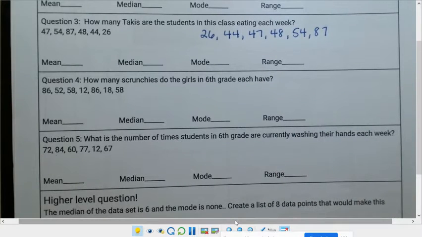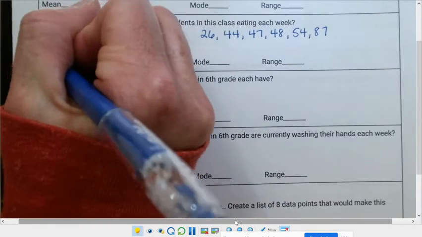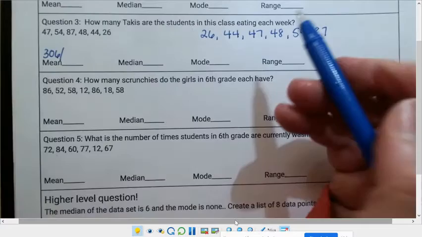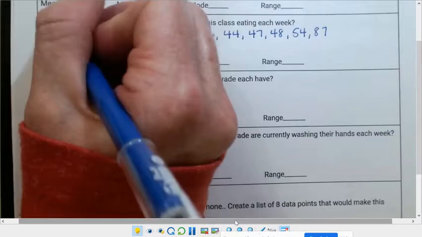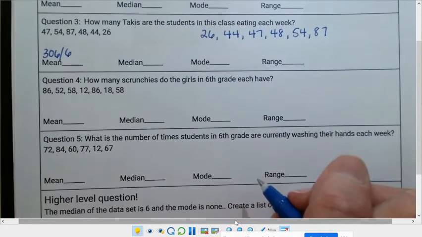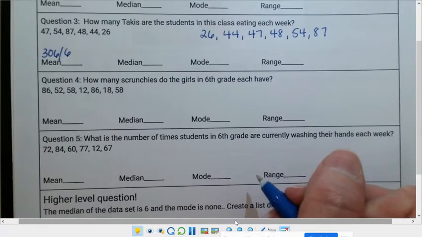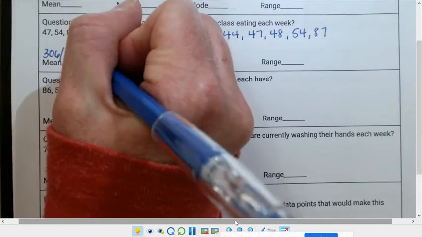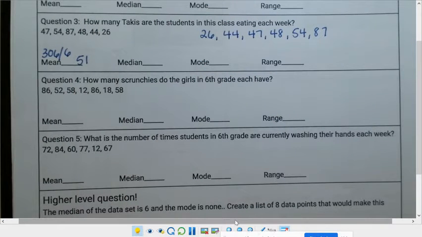The first thing I need to do is find the mean. So I will add all of those numbers together, and I get 306. And there are 6 data points. So when I divide those, I get 51.